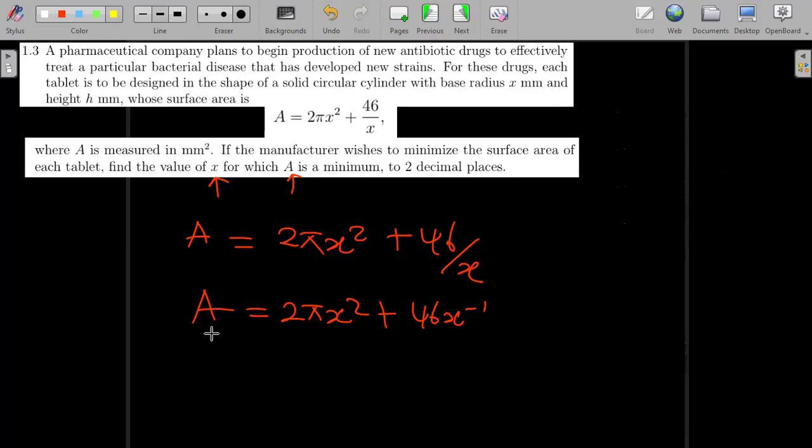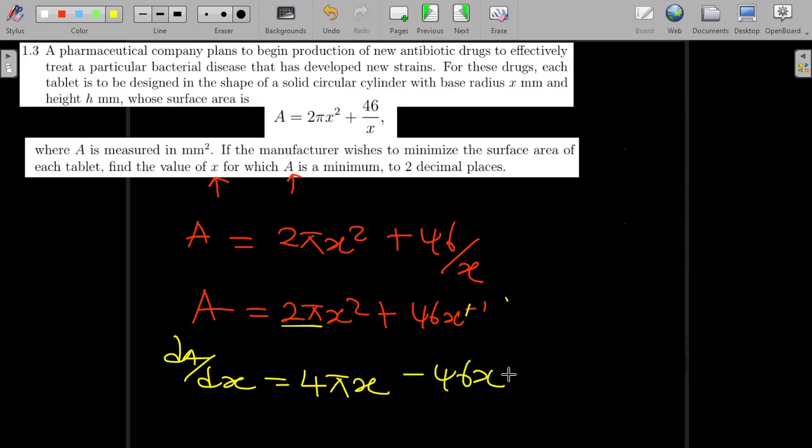I want to differentiate this with respect to x. So dA/dx equals, this power multiplies whatever is in front of the x, so it becomes 4 pi, and then it reduces by 1, so this will be 4 pi x. And then this one, the minus power, multiplied with the 46 x, and then it reduces by 1, so it will be minus 2 now.